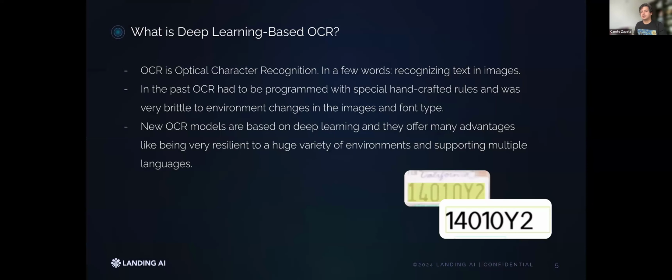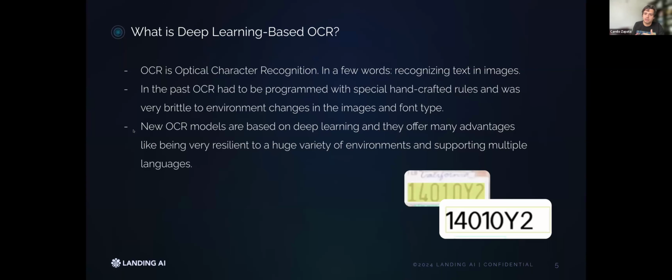So first of all, what is deep learning-based OCR? Deep learning-based OCR is optical character recognition. So in a few words, basically, you just want to detect text in images. In the past, OCR systems have existed for a very long time, many years. Before deep learning, these systems were built using a special kind of handcrafted rules.